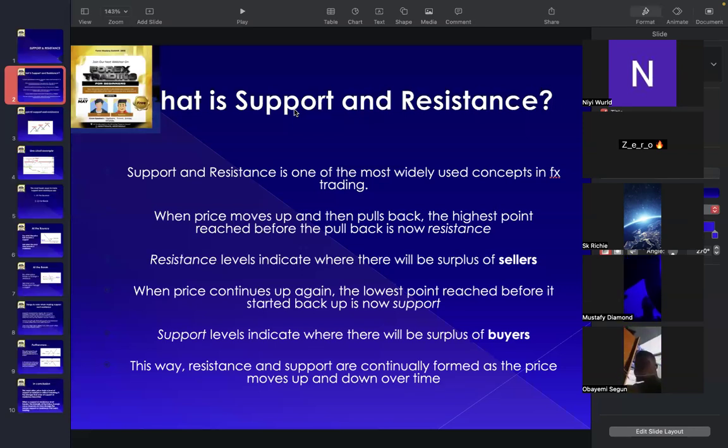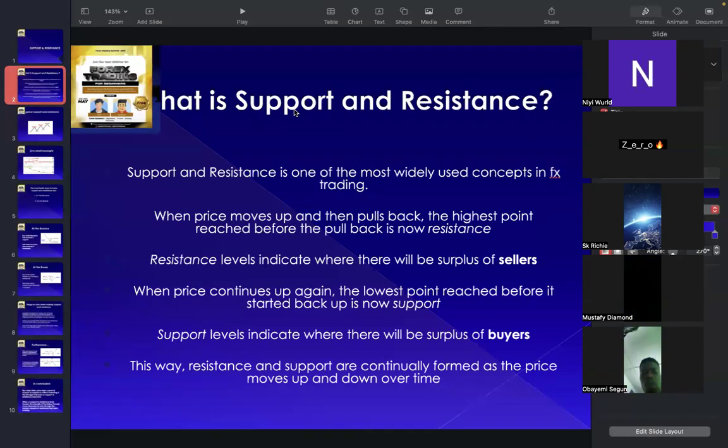A lot of people can have a different definition for it, so we cannot tell you we are the best. But support and resistance is one of the most widely used concepts in FX trading. When price moves up, then pulls back, the highest point reached before the pullback is now resistance.